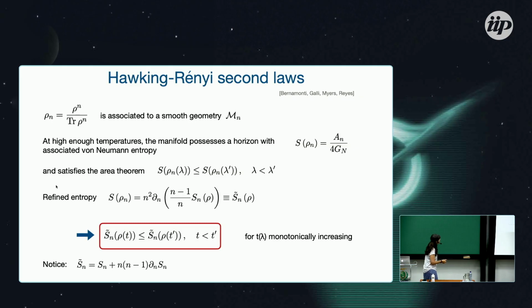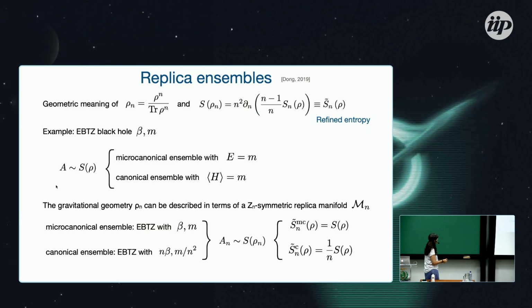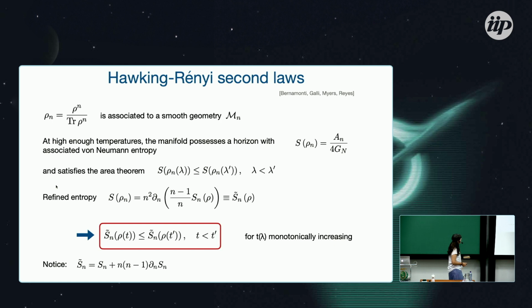So now, if we look at this black hole in the replica, at high enough temperature it dominates, and it has an associated entropy, which is given by the area of its event horizon. But now this entropy satisfies in the replica manifold a second law, just as was the case for the original system, for the evolution along this replica manifold time, lambda.